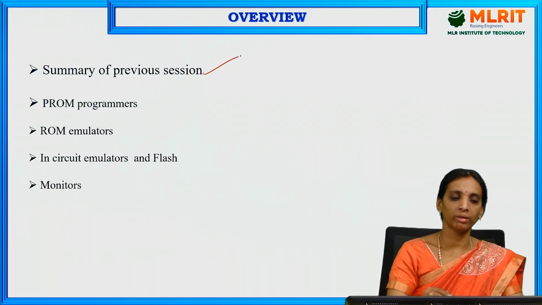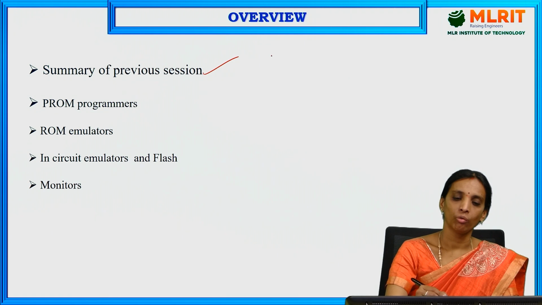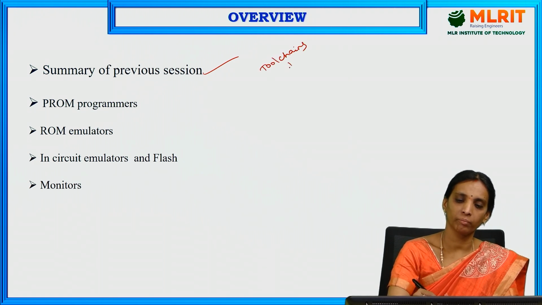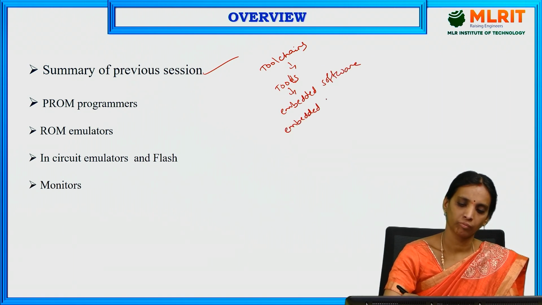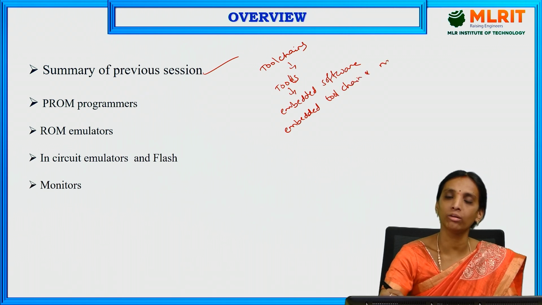So, summary of previous session. In the previous session, we discussed the tool chains. That means the tools available for embedded software, which is called the embedded tool chain and the native tool chain.